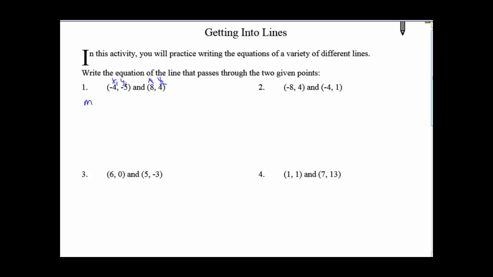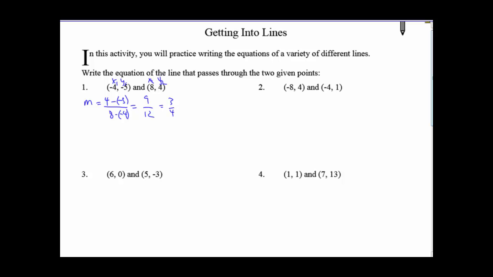We're going to say the slope is equal to 4 minus a negative 5 over 8 minus a negative 4, which gives us 9 over 12. Hopefully we reduce. 3 goes into both of those, so we get 3/4 as a slope.